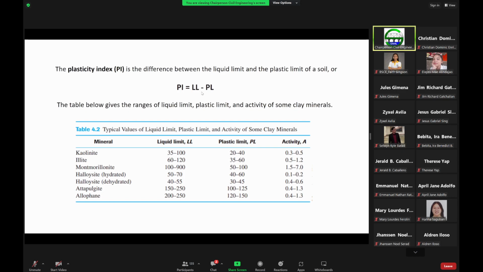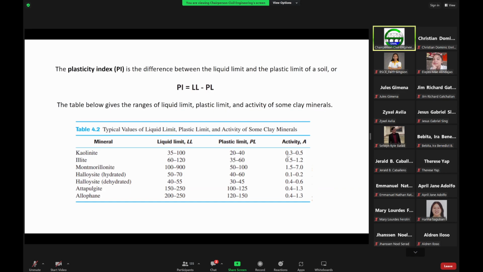With that, we now have here some typical values for the liquid limit, the plastic limit, and the activity of some clay minerals. Later on, I will discuss the formula for this. For the moment, let's just leave those values there.